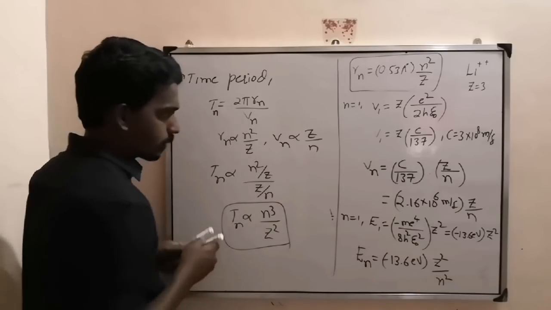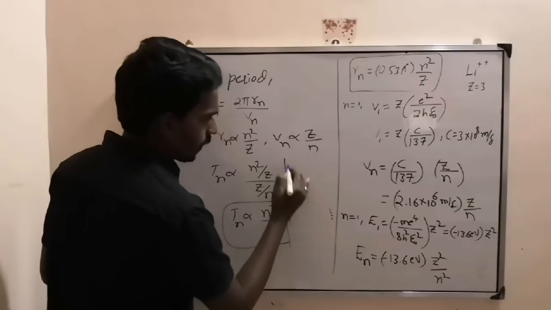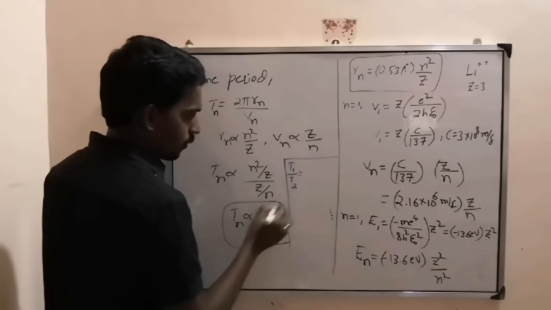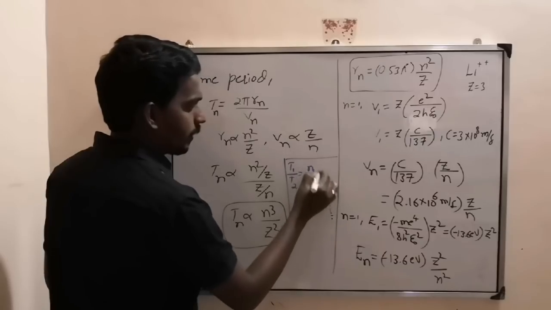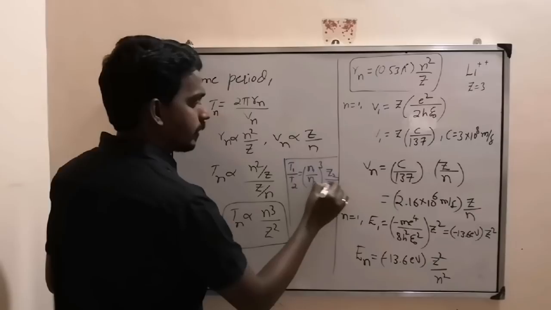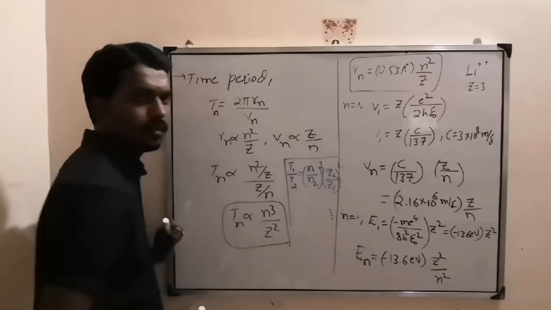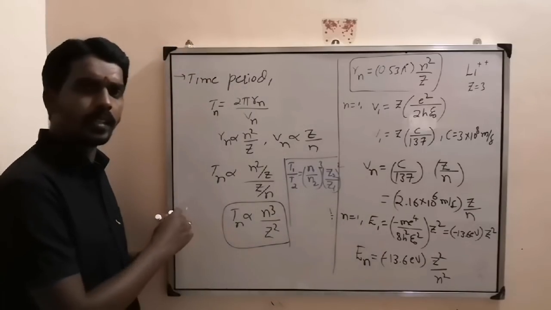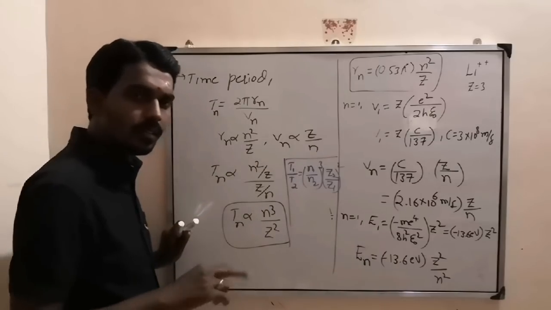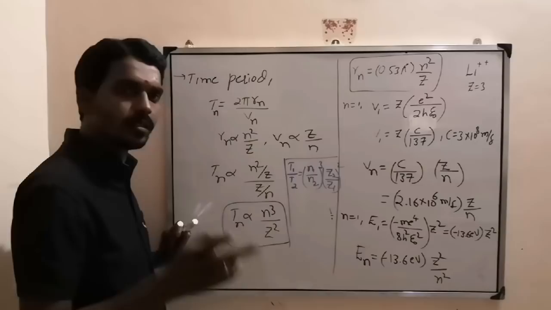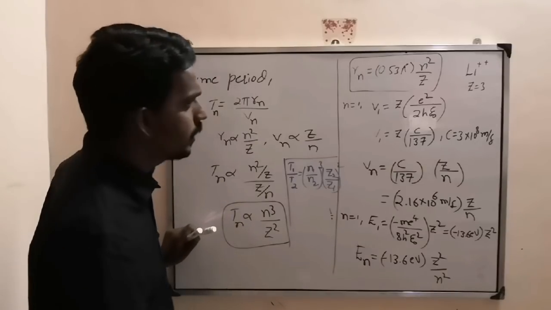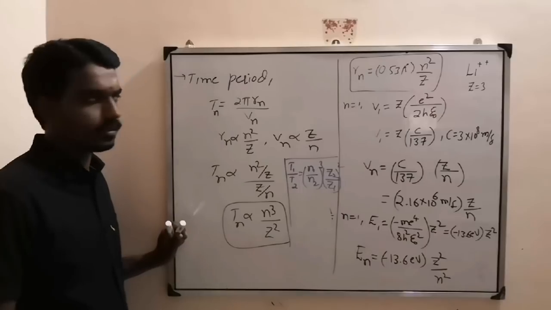Like here I am expressing the ratio value, T1 by T2 equal to N1 by N2 whole cube times Z2 by Z1 whole square. So this way you can compare the time periods of two different electrons from two different atoms revolving in two different orbits. That is the way you can solve the questions.